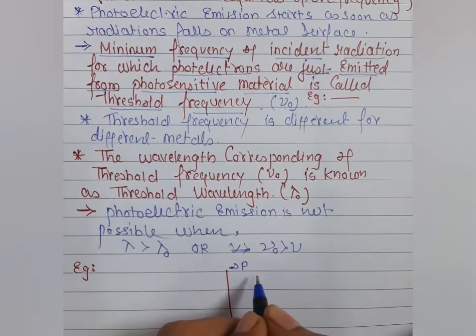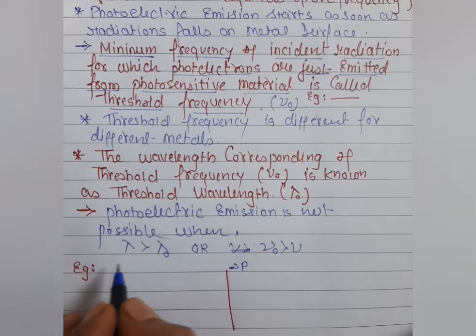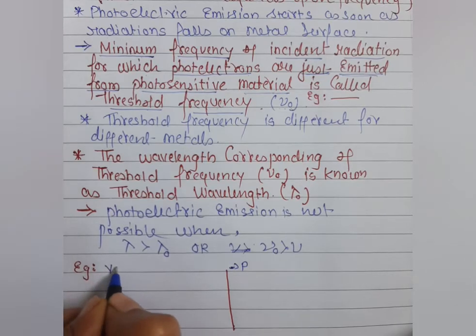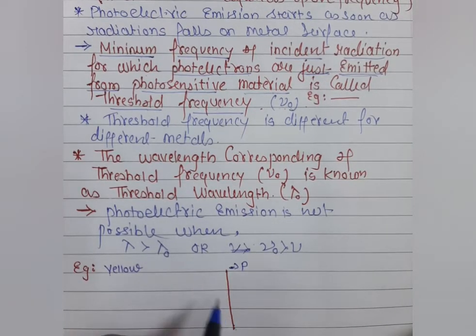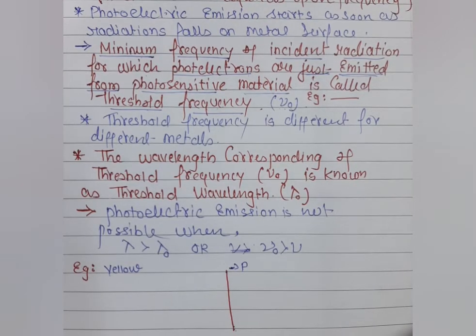And consider yellow light here. The yellow light has its own frequency, and this potassium metal has some work function.